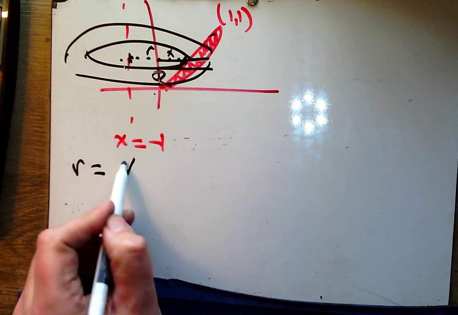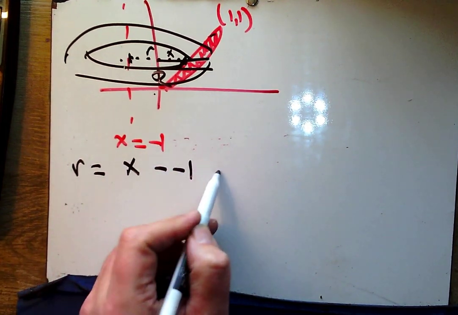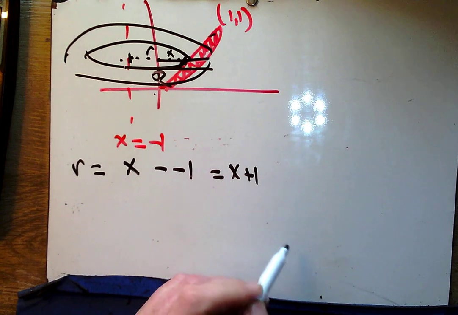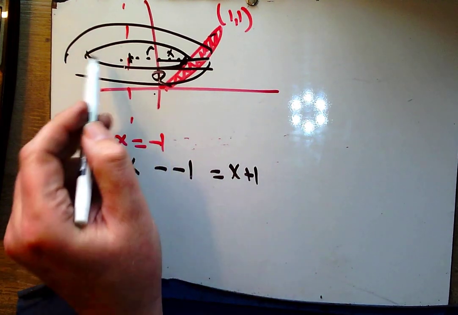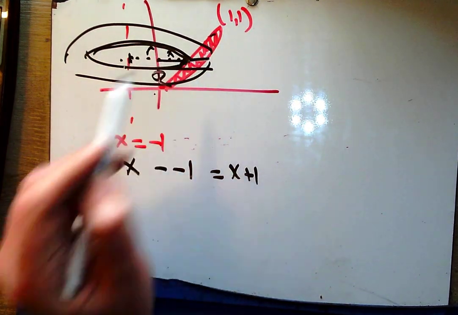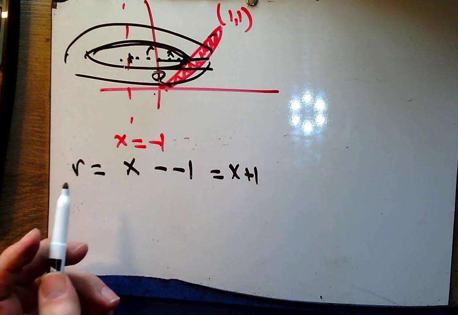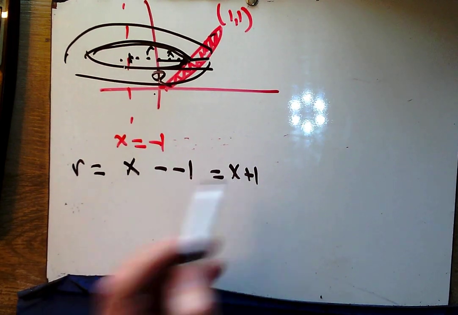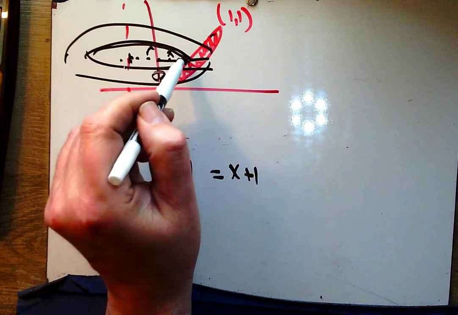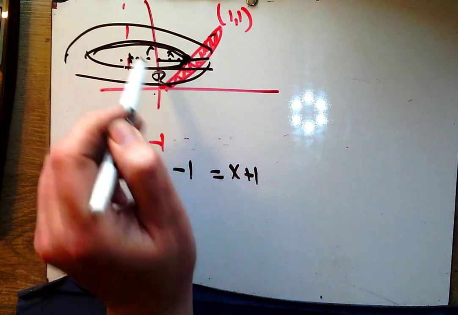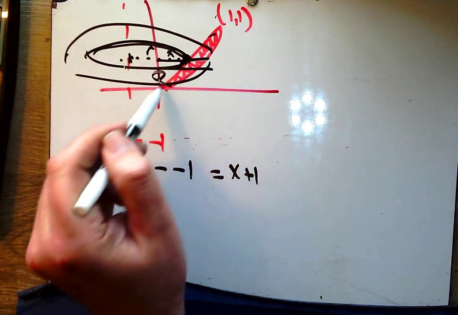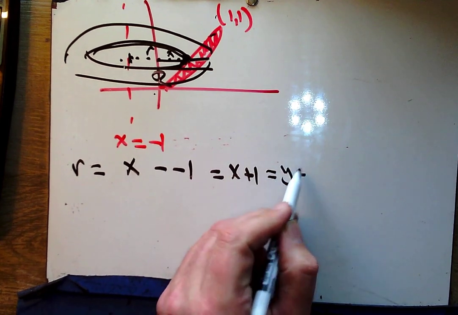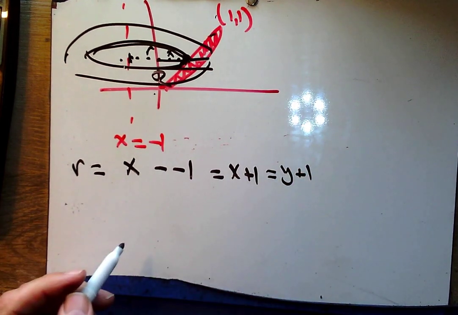So I could say x minus a minus 1. So x plus 1. But watch out, because this is a dy washer. And so I got to get rid of that x and replace it with some y stuff. Well, the y that goes with this x is y equals x. Oh, that's no problem. So there's little r.